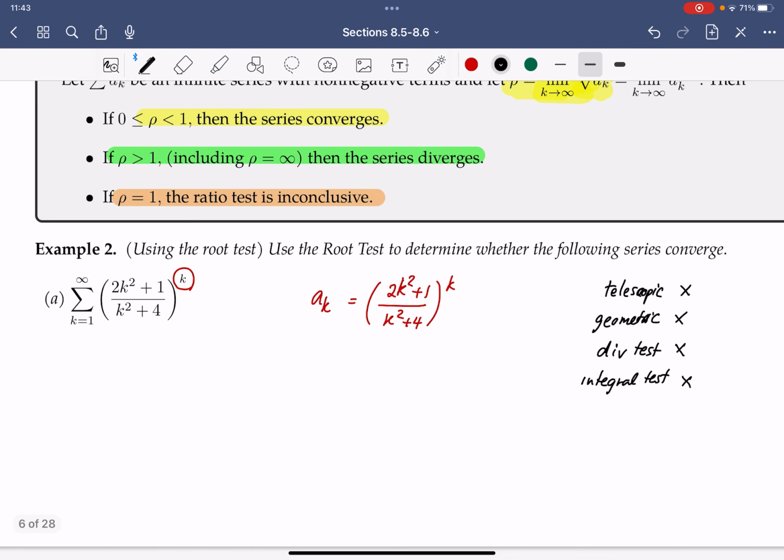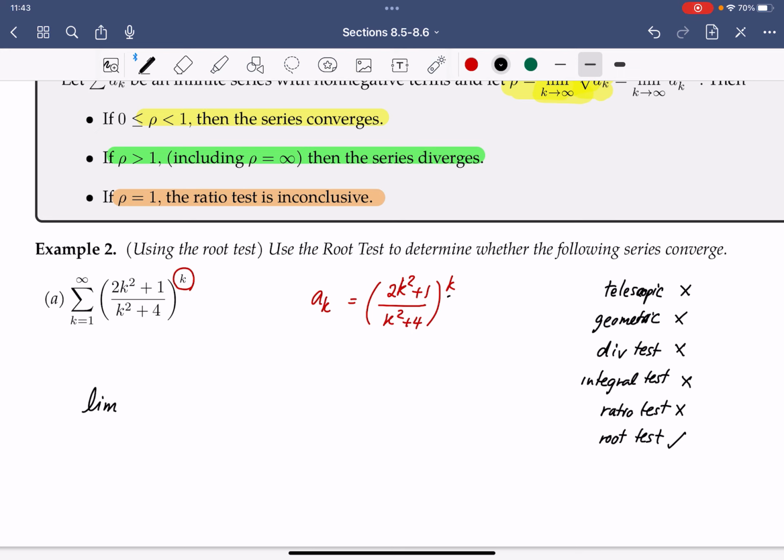But now it comes to the ratio test or root test. The ratio test is possibly good, but it's going to be a lot of calculation because you have the k here. But the root test is perfect for this question. Why?